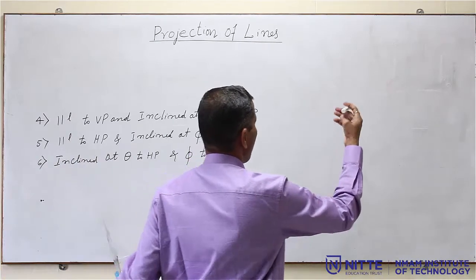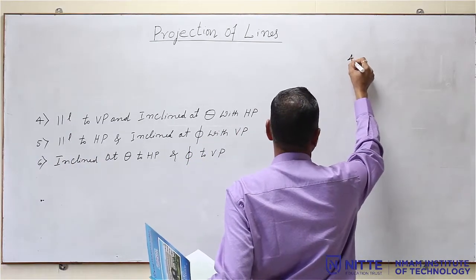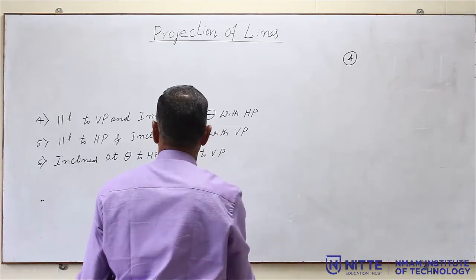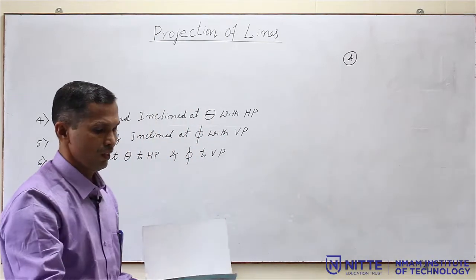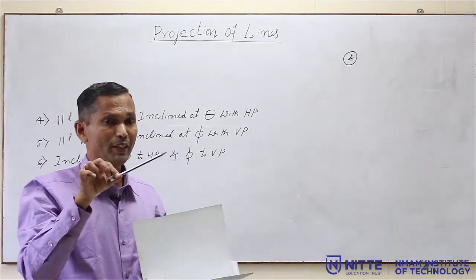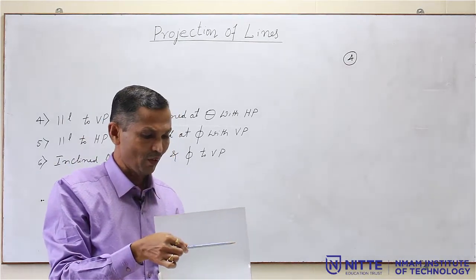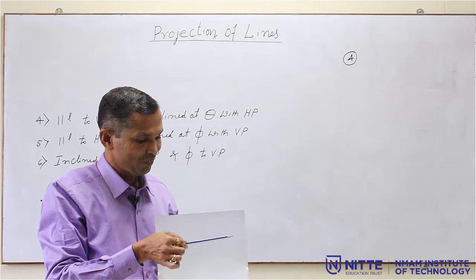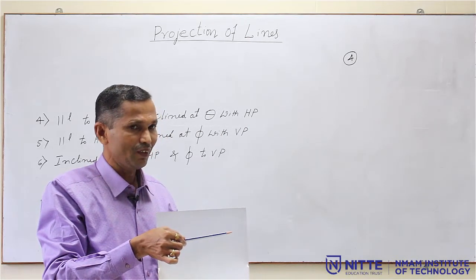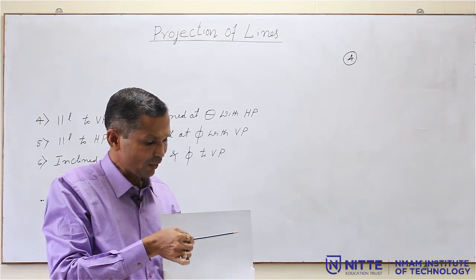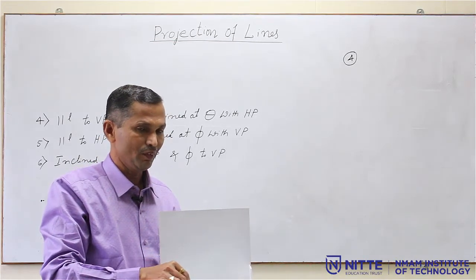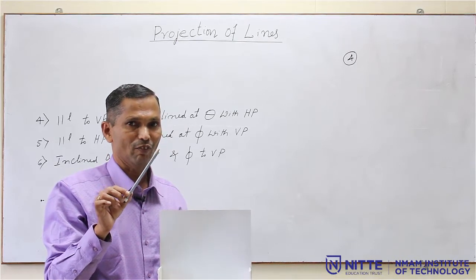Condition number 4. This is the straight line, 100 millimeter length. I will hold it like this, parallel to both HP and VP. Since it is parallel, its true length is available in the front view as well as the top view. True length means the actual length of this.